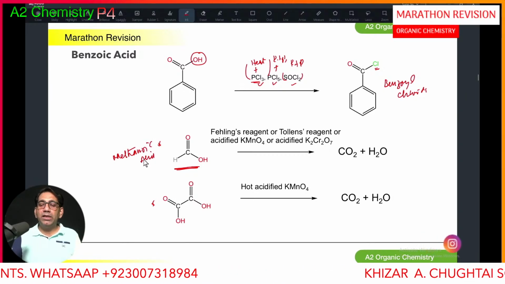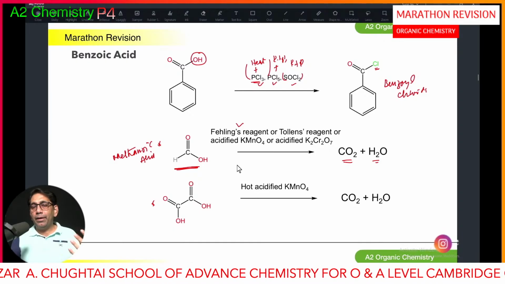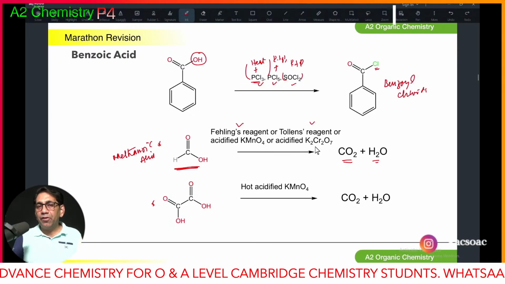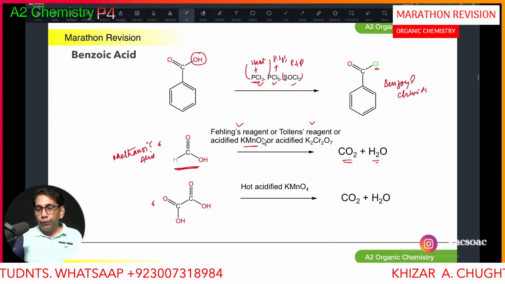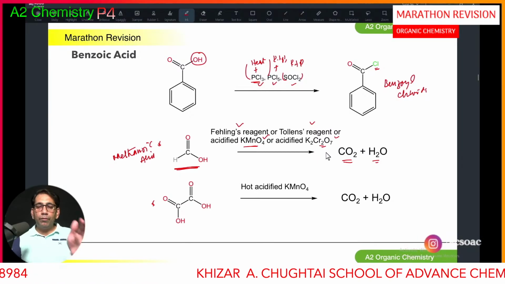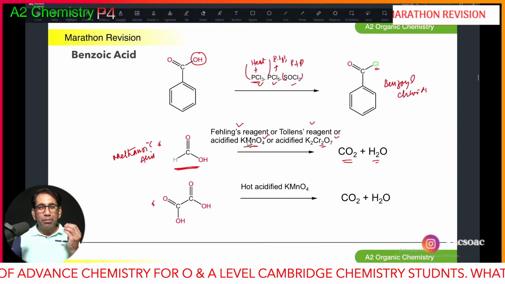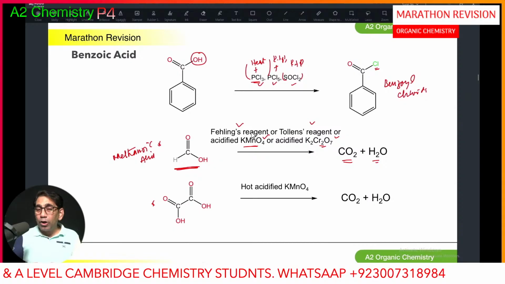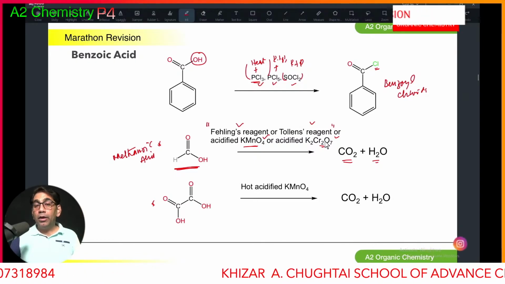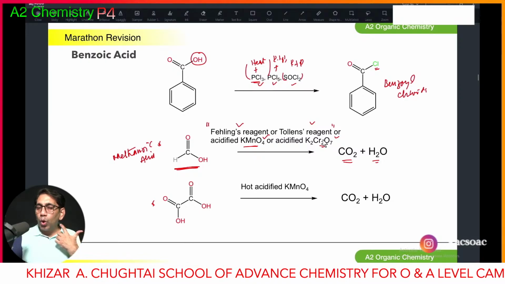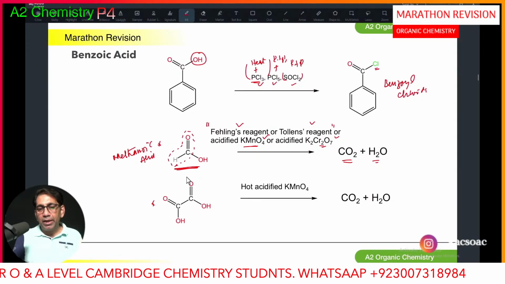It can be further oxidized into CO2 and H2O with Fehling's reagent, which is copper ion dissolved in sodium hydroxide, with Tollens' reagent, which is silver amino complex in alkaline medium, or with KMnO4 or K2Cr2O7. Fehling's solution and Tollens' reagent are mild oxidizing agents usually used to oxidize aldehydes only, but they can also oxidize this acid, because one portion of it is similar to an aldehyde.